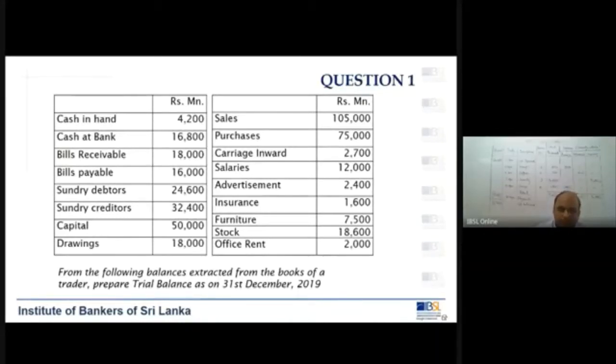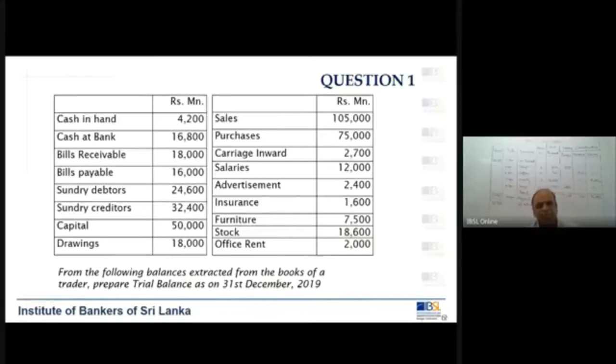Say when you say cash in hand, first you have to identify whether it is an asset or a liability. That is very important, right? Secondly, when you look at this balance, you need to know whether it should be a debit or a credit. That is the most important part.